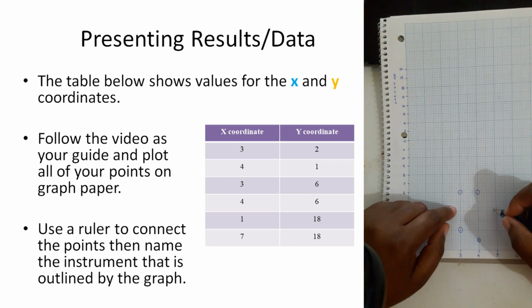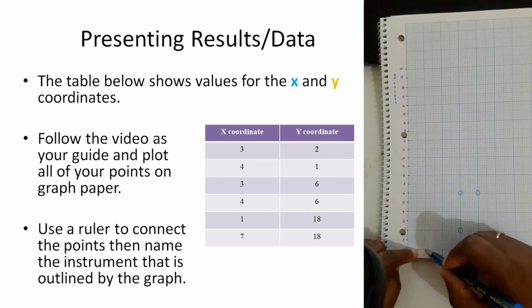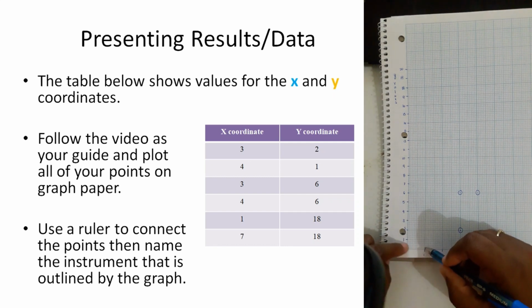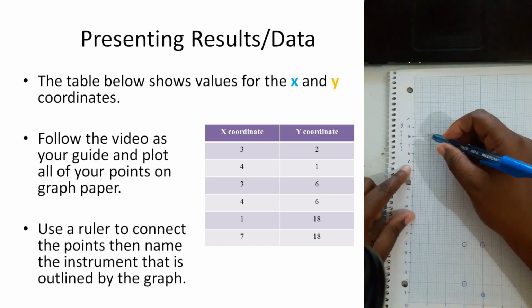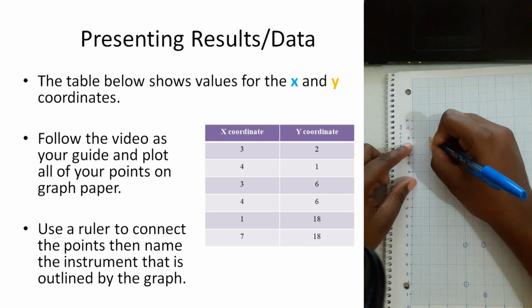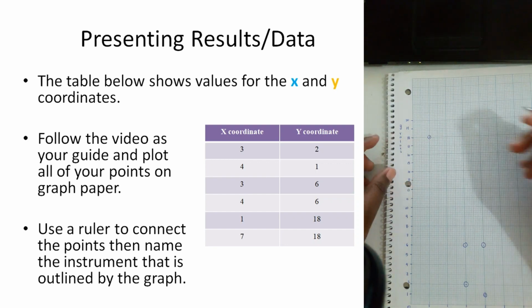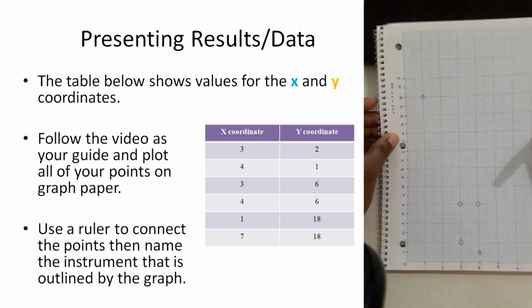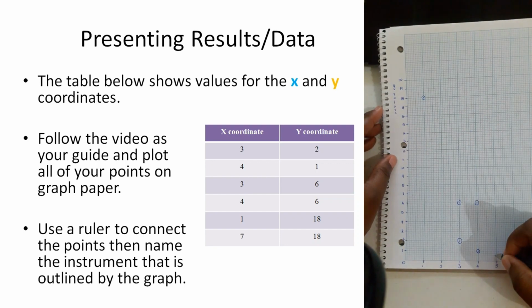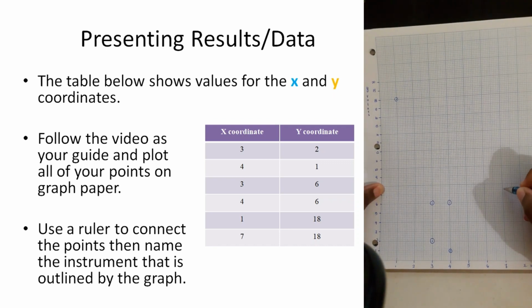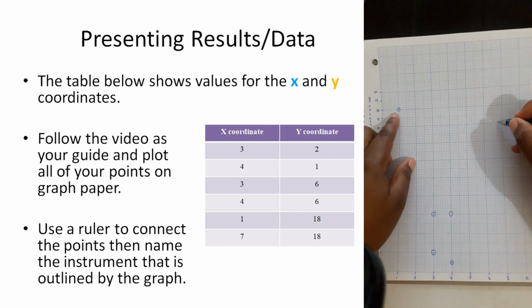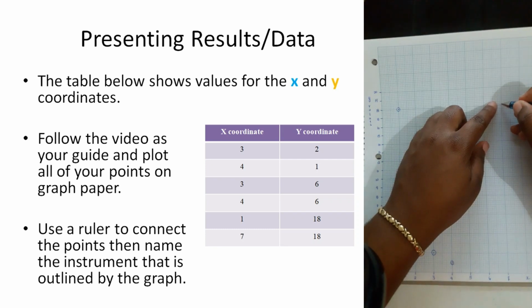When X is 1, Y is 18. So we're going right up. And when X is 7, Y is 18. So we're going up and across.